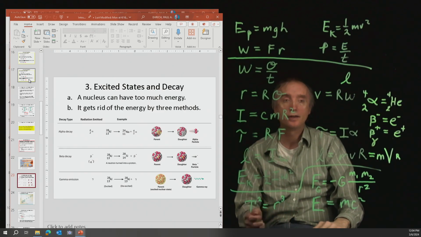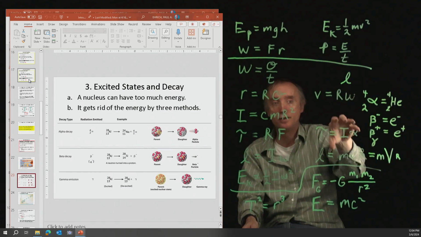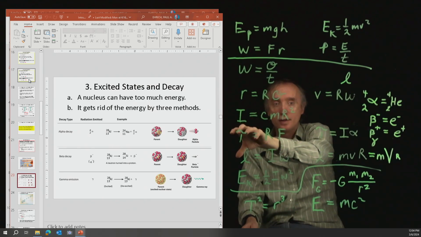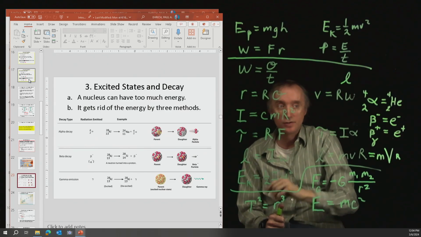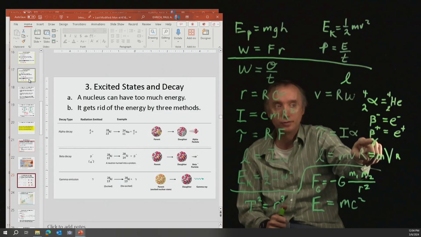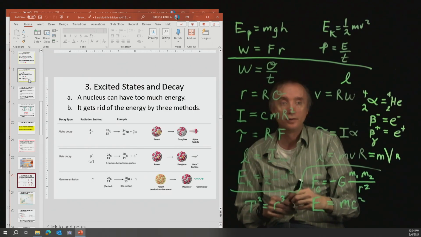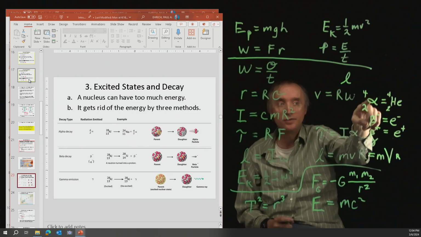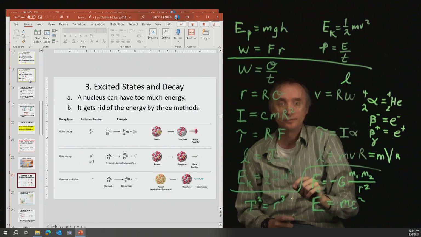We said that you had radio, then next to it the infrared, then the visible, then the ultraviolet, then the X-rays, and then the gamma rays. So gamma radiation is light, very, very powerful light. Make sure you know that these are the different kinds of radiation.